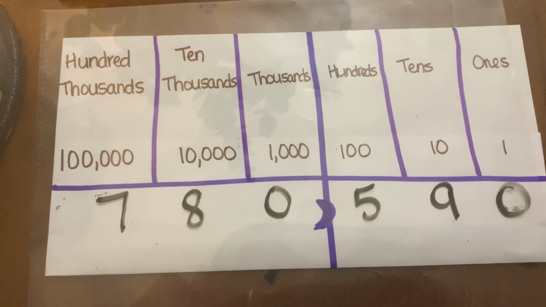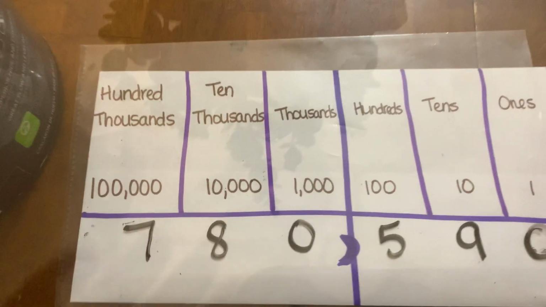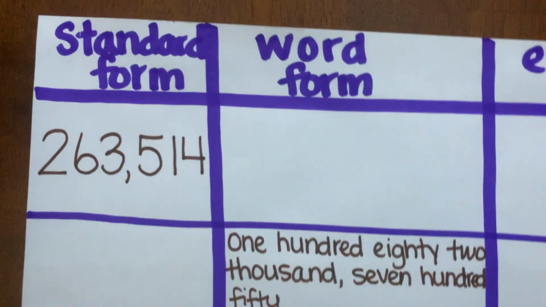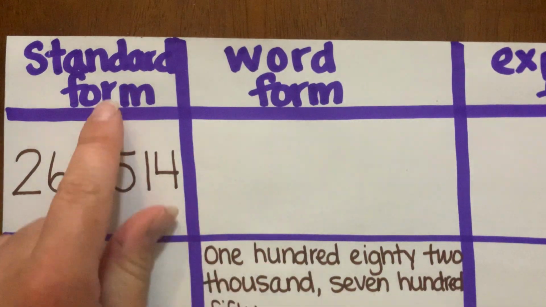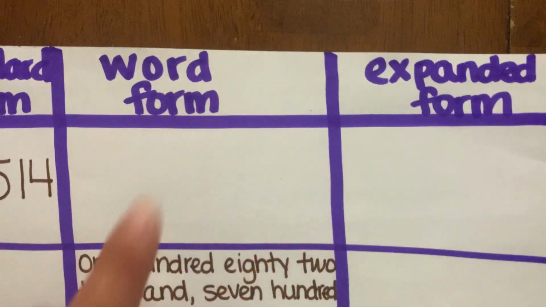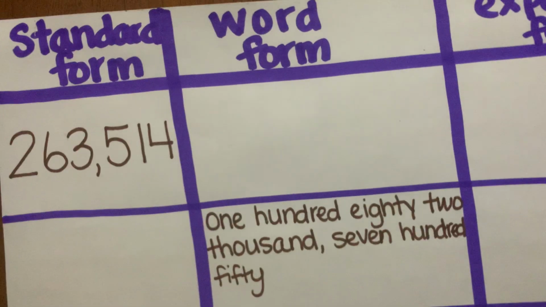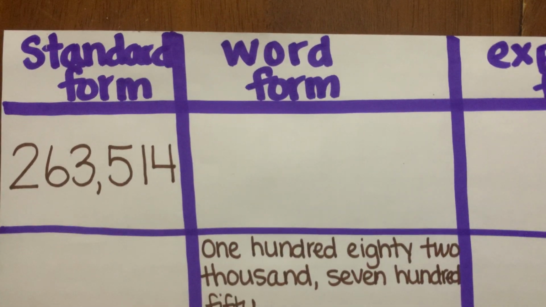So now let's practice putting these numbers into different forms. So we're going to take this away for a minute. Take a look at this here. So I have a chart which shows us standard form, word form, expanded form. And I'm given one piece of each number, and I have to represent it the other two ways.